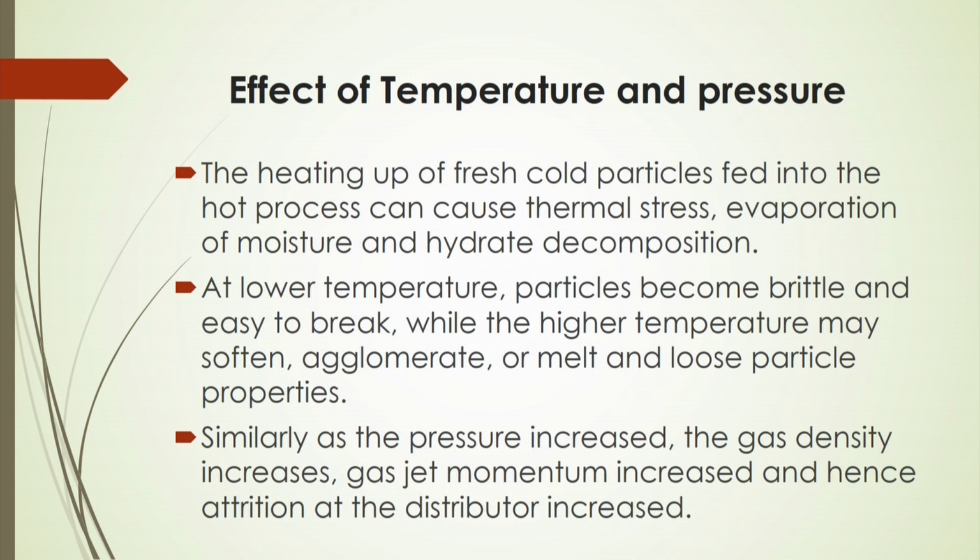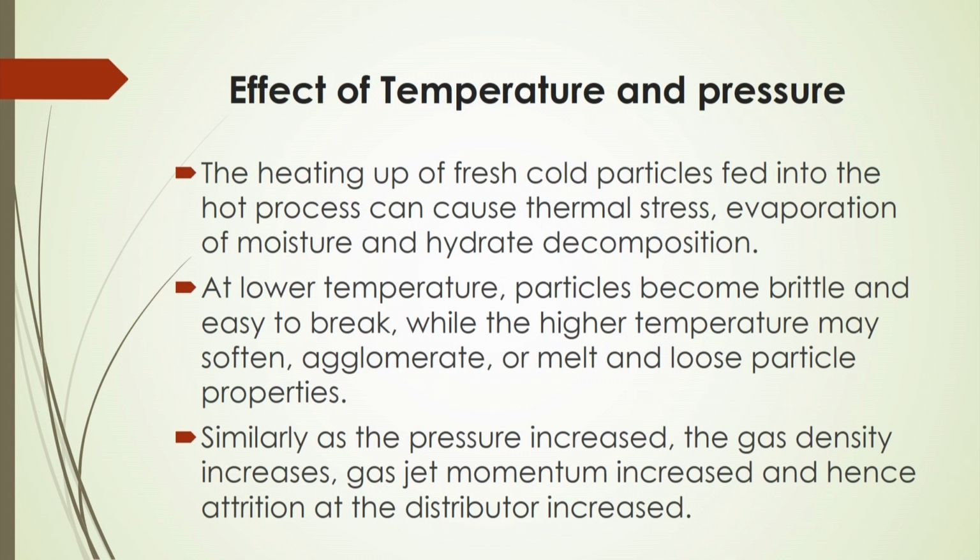The heating up of fresh cold particles fed into the hot process can cause thermal stress. Evaporation of moisture and hydrate decomposition will also change the physical properties of the material. At lower temperature, particles become brittle and easy to break, while higher temperature may soften, agglomerate or melt and lose the particle properties.